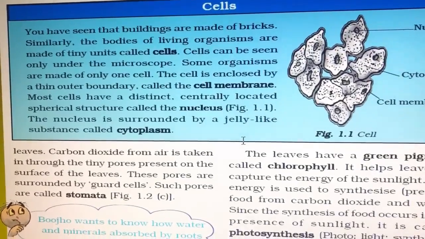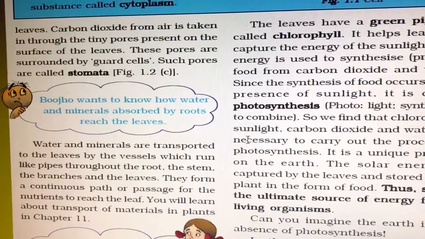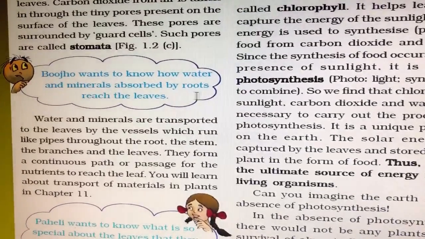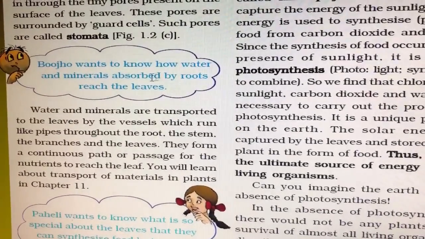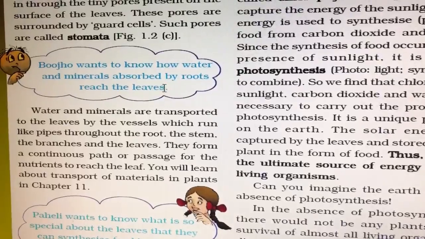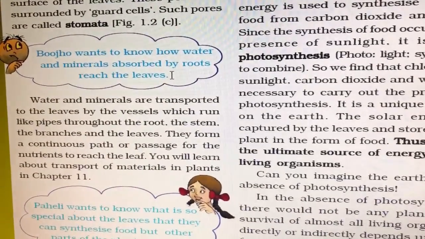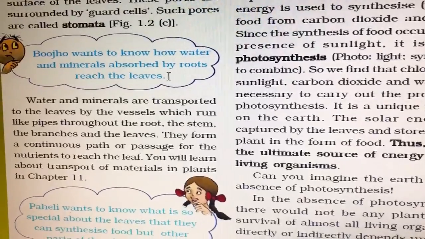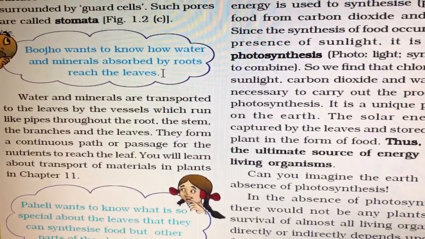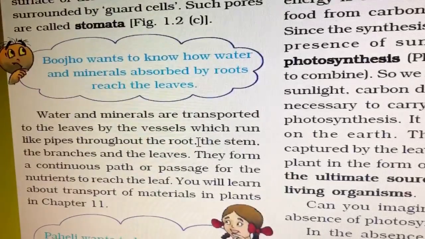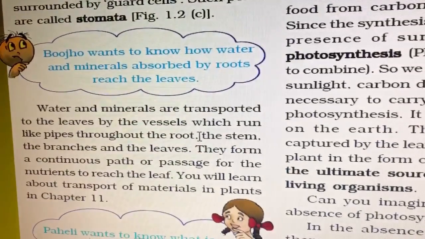So let's continue further. Here a question is raised by Bujo, who wants to know how water and minerals absorbed by roots reach the leaves. The water and minerals which are absorbed by the roots from the soil, how do they reach the leaves? There must be a process, so let's read that out. Water and minerals are transported to leaves by the vessels which run like pipes throughout the root.